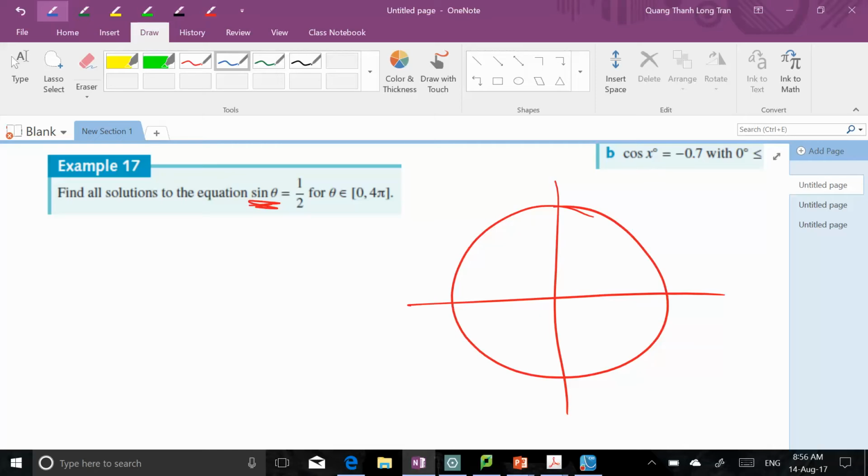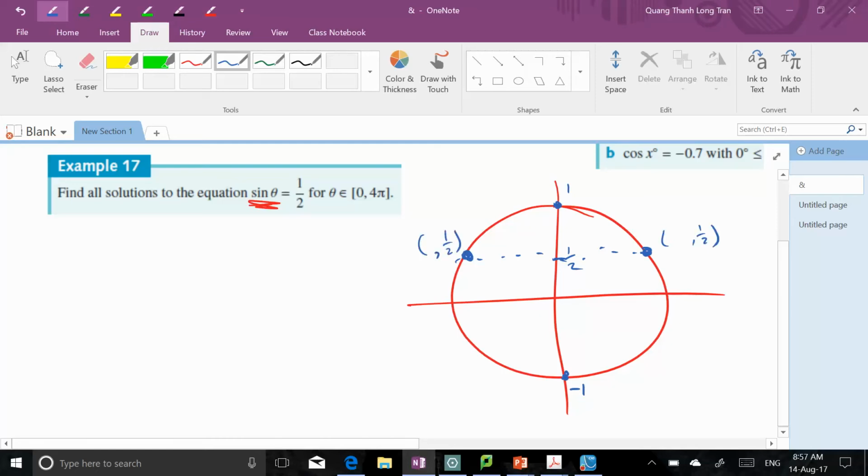If you think about y values, you start from -1, the smallest y value you can have, all the way to the largest, which is 1. So logically, half has to be here. That's where half is. So where around the circle would you have to be? It'd only be in these two quadrants. Those are the only two points where your y value is equal to half.